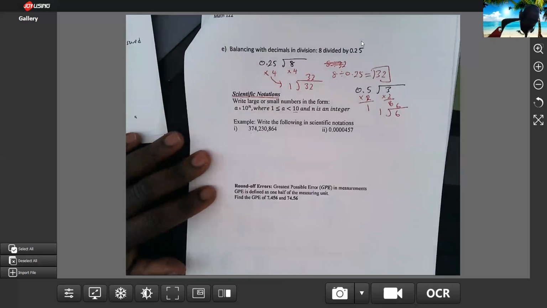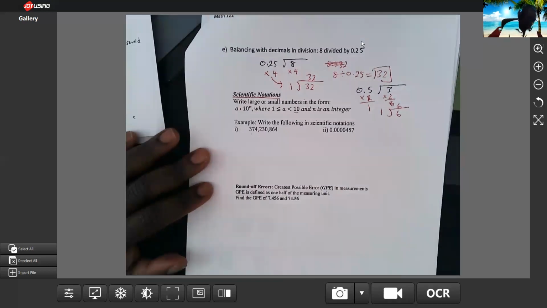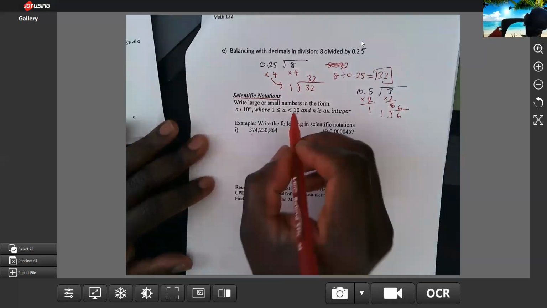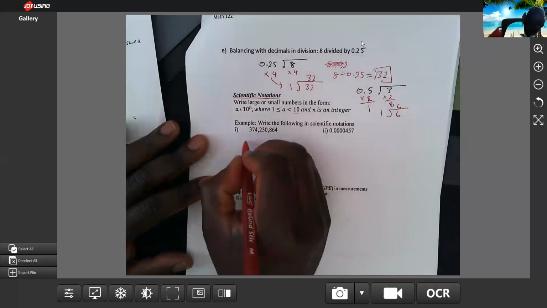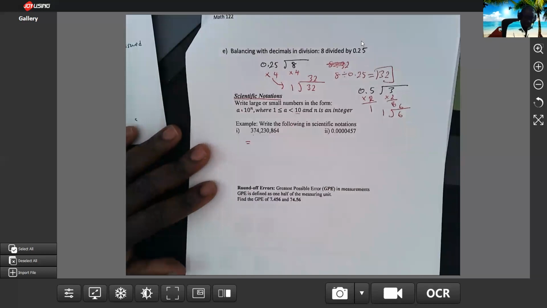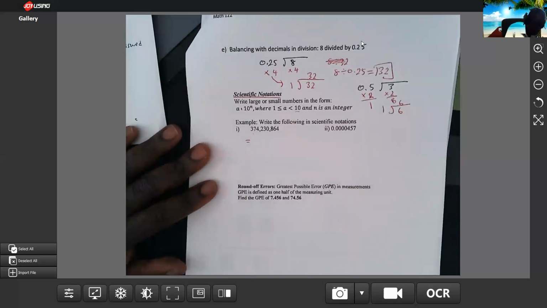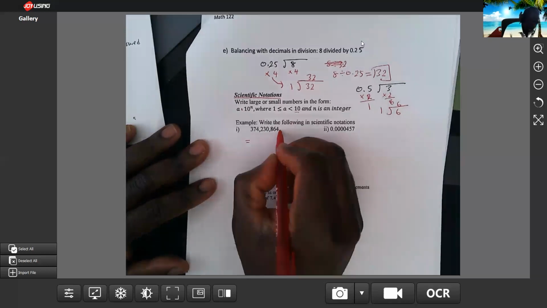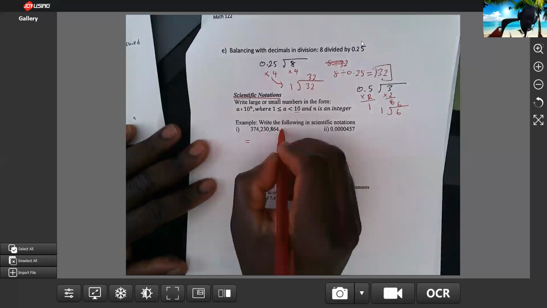Okay, first, the a must be greater than or equal to 1, but less than 10. And so if my decimal point is here, this 0.0000.